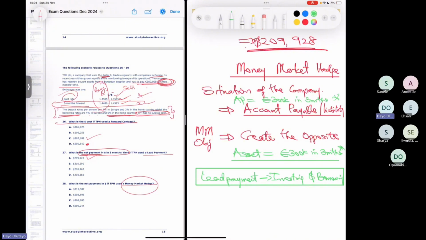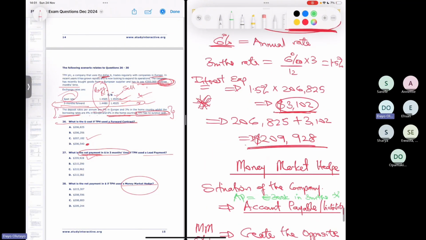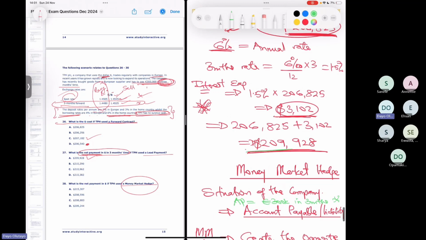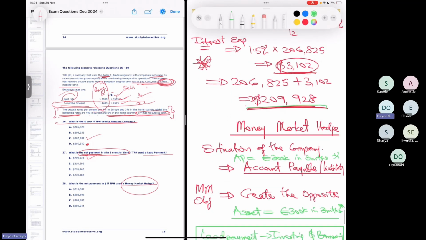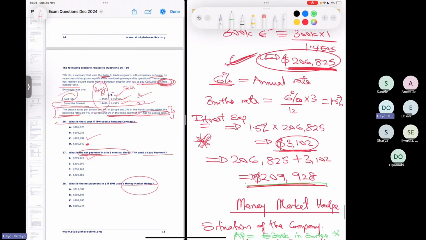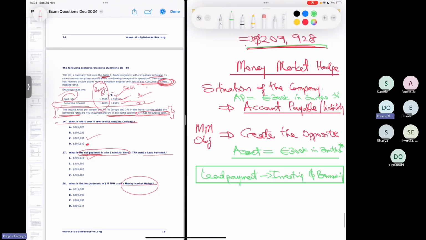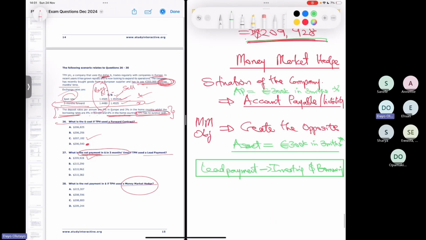Okay, that's your money market hedge. However, when you look at lead payment, borrowed 206 and still paying additional interest on it. And you see the way this is slightly different from money market hedge.